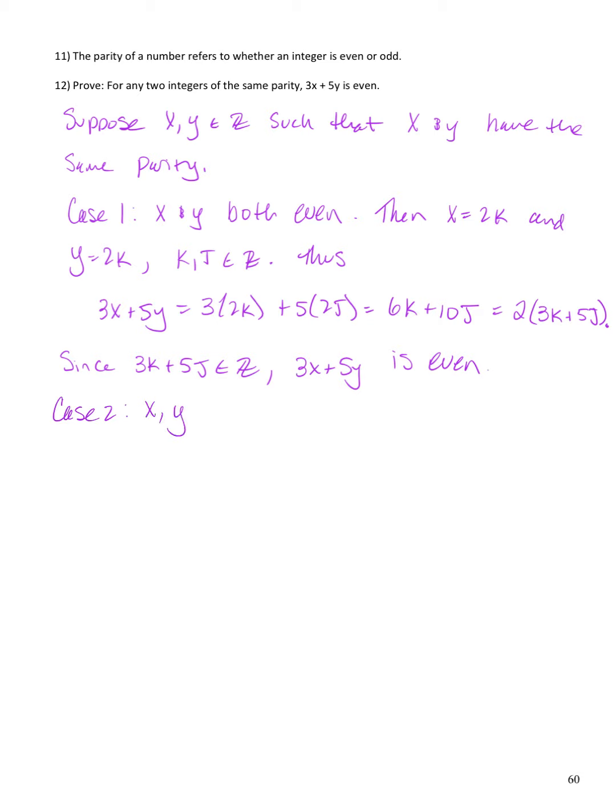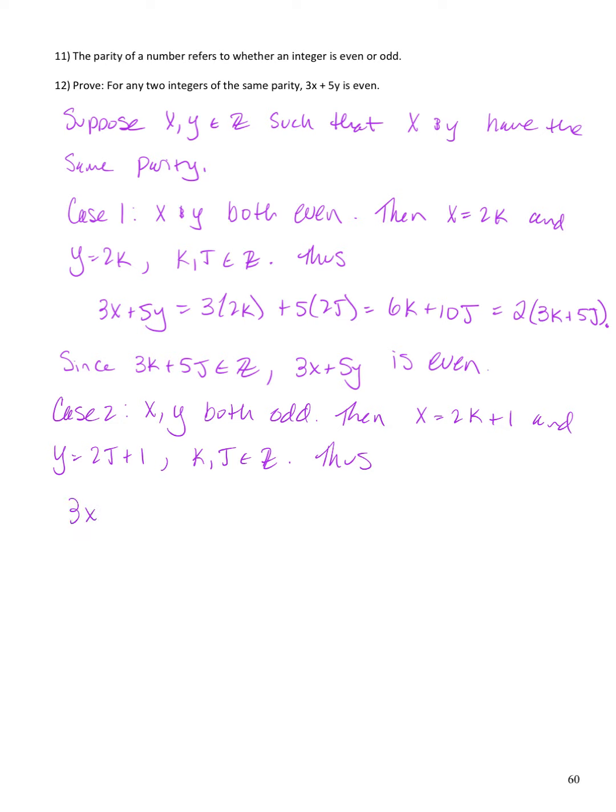x and y are both odd. Then x would be 2k plus 1, and y would be 2j plus 1 for some k and j in the integers.